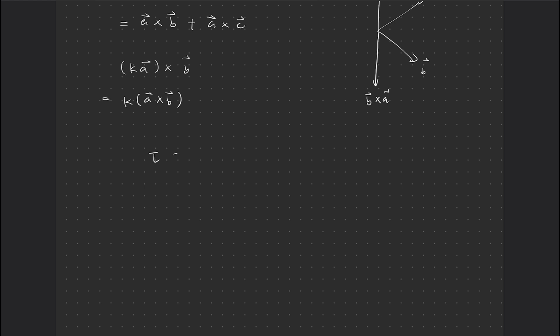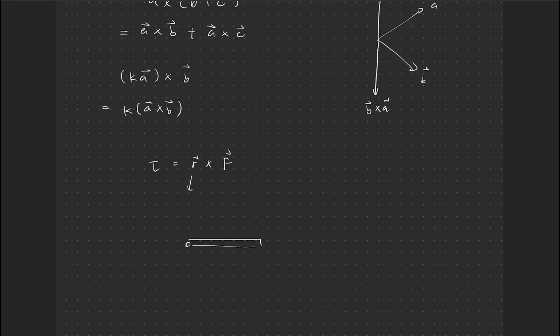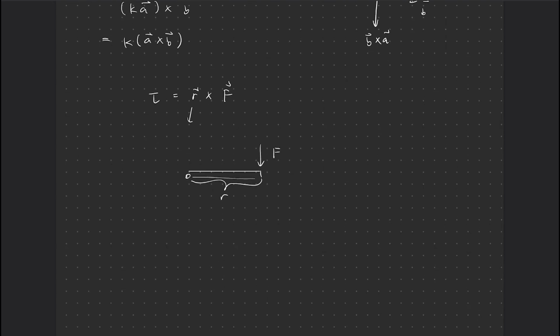It's defined as r cross F, where r is the distance of the axis from the point where the force is applied. So if we have some rod and we apply some force F like this, this distance would be r and this force would be F. Of course we can represent both of these things as vectors.